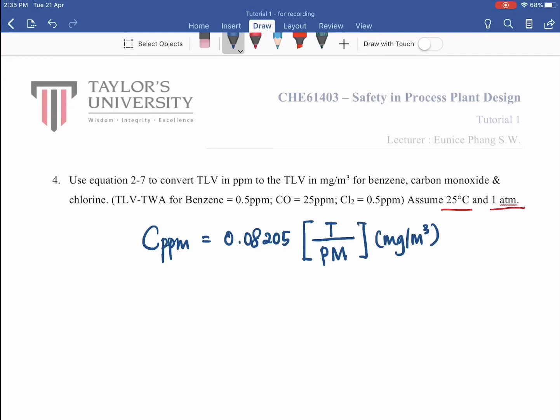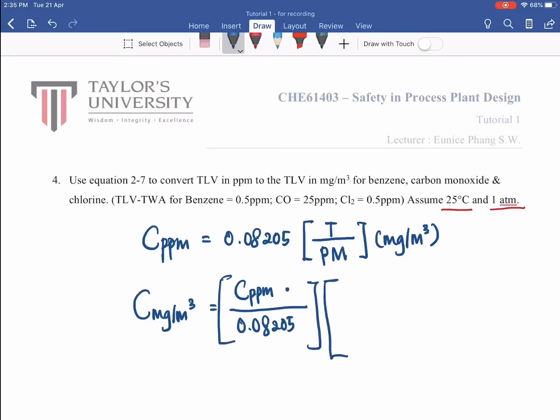Okay, so if we want to have the concentrations in mg per meter cube, we will put everything here. So we will have concentrations in ppm divided by 0.08205. That's the first thing.